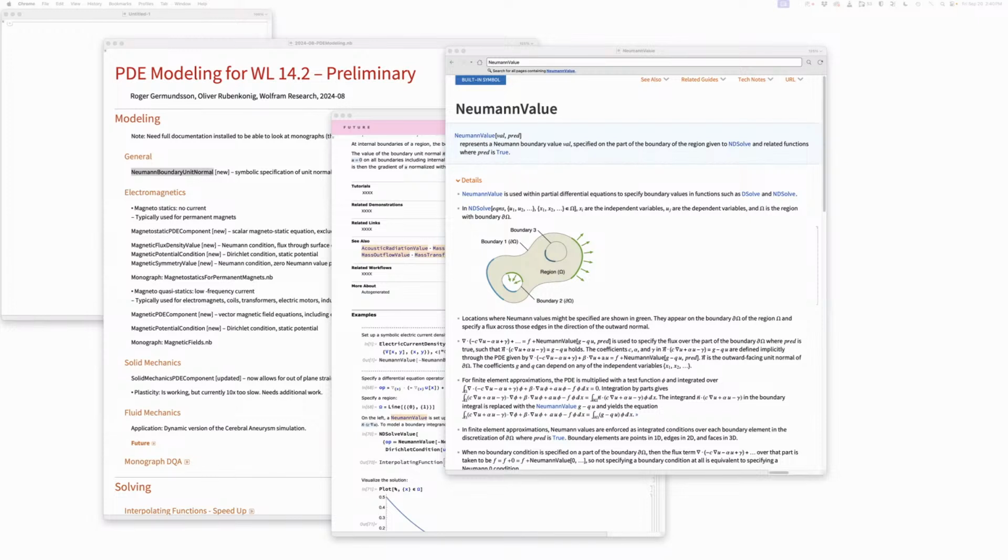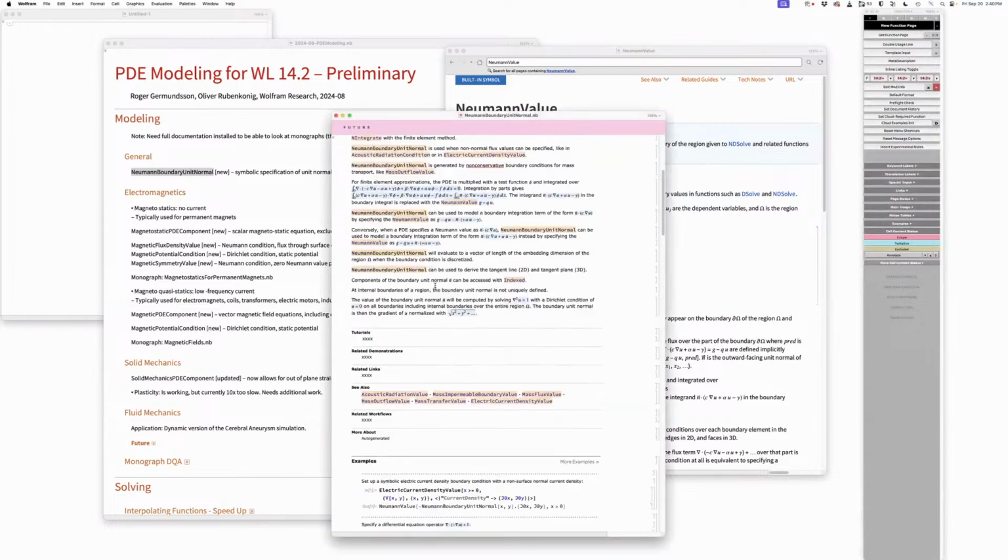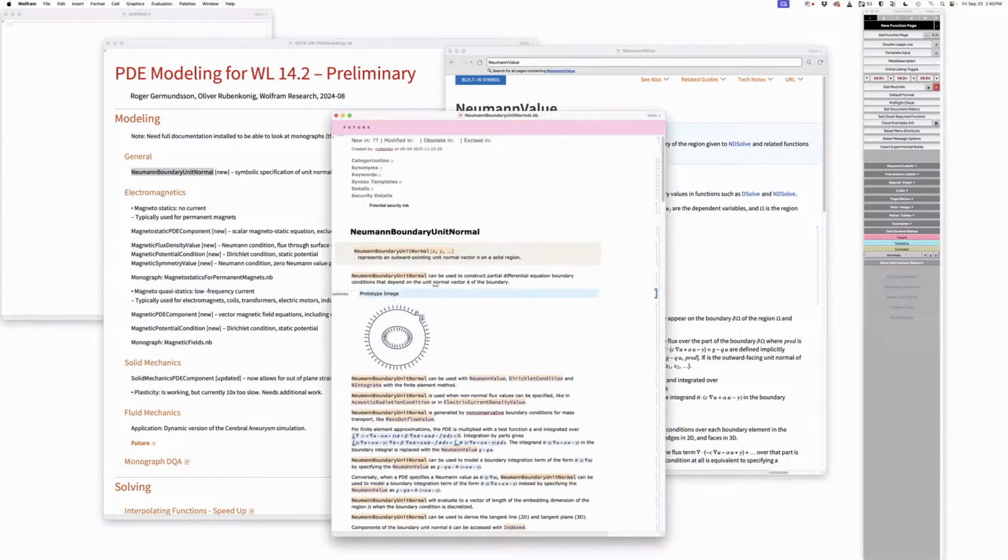So this new Neumann boundary unit normal. Okay, look, it gives you a way. I can't review these things. But what's the net effect? Why do we need it? Because you may want to express that flux where you're going to multiply something by the normal on the boundary.